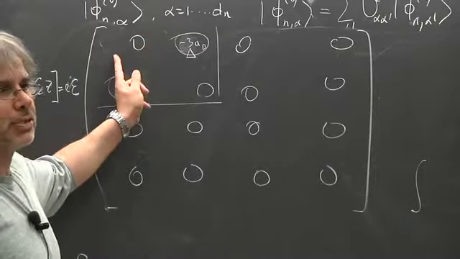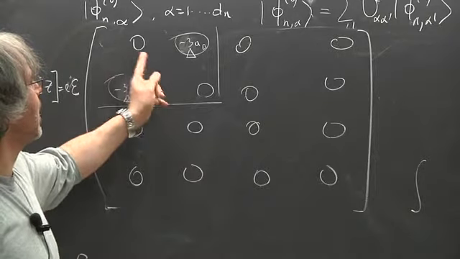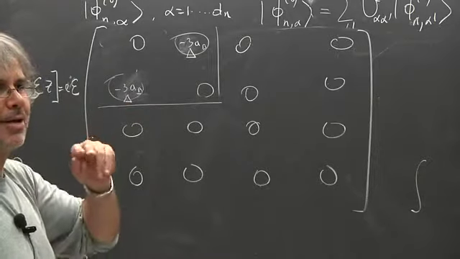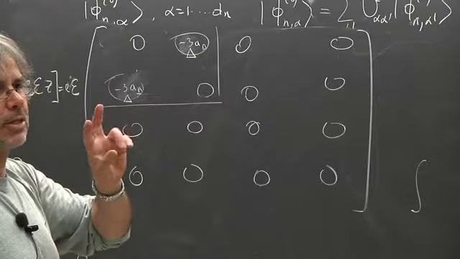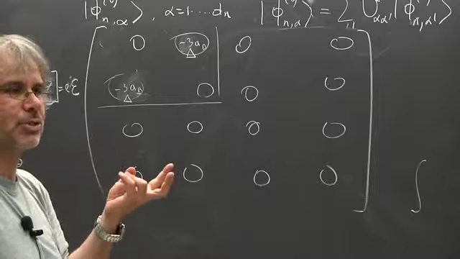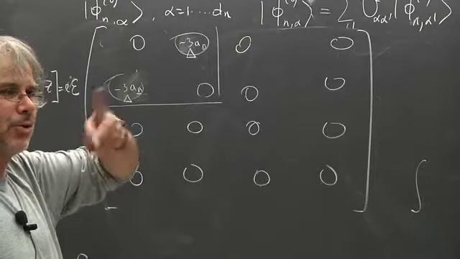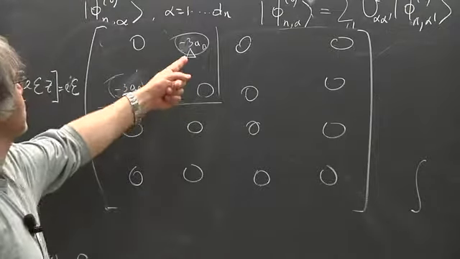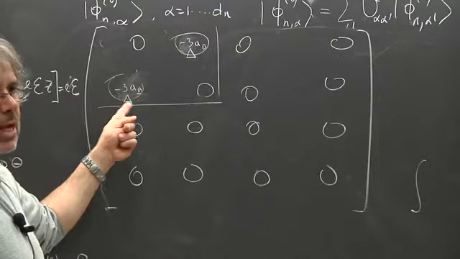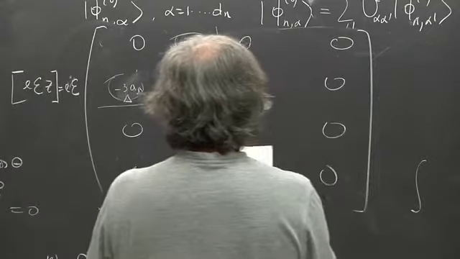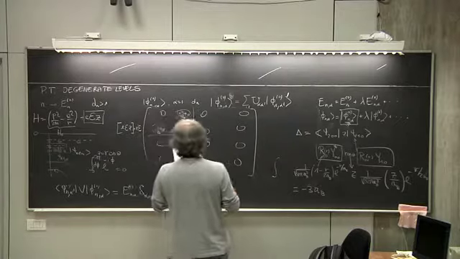A 2 by 2 matrix with 0 on the diagonal and delta and delta off the diagonal. You know that there are 2 states, the combination with the plus and the combination with the minus, and they just gain or lose an energy plus or minus delta. I don't repeat the exercise, but I believe you have done it many times.